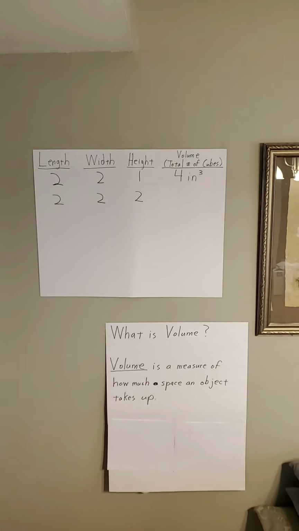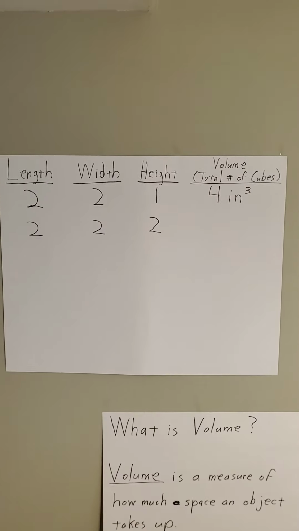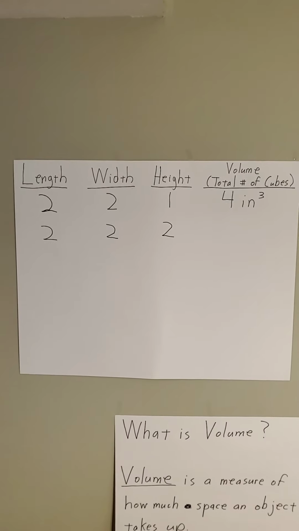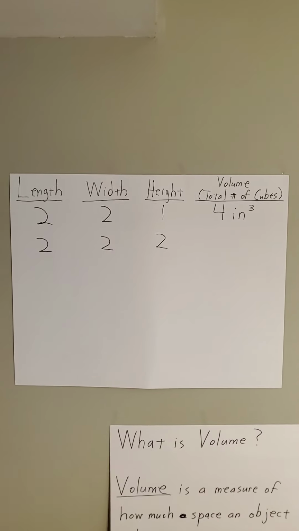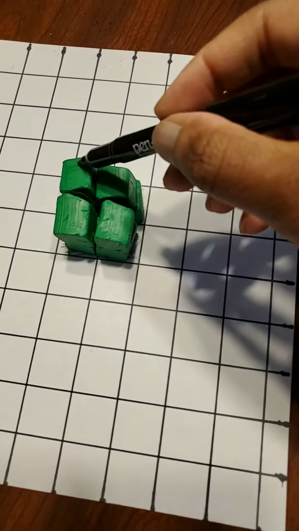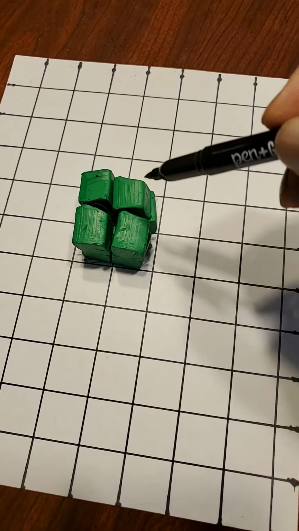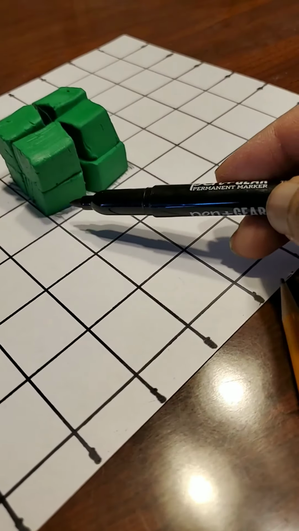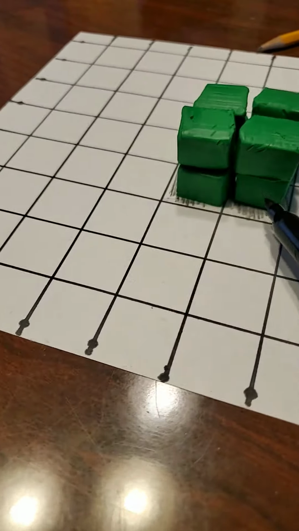Now let's look at our volume. If it's 2 inches long, 2 inches wide, 2 inches high, how many blocks do we have? We have 1, 2, 3, 4, 5, 6, 7, 8.